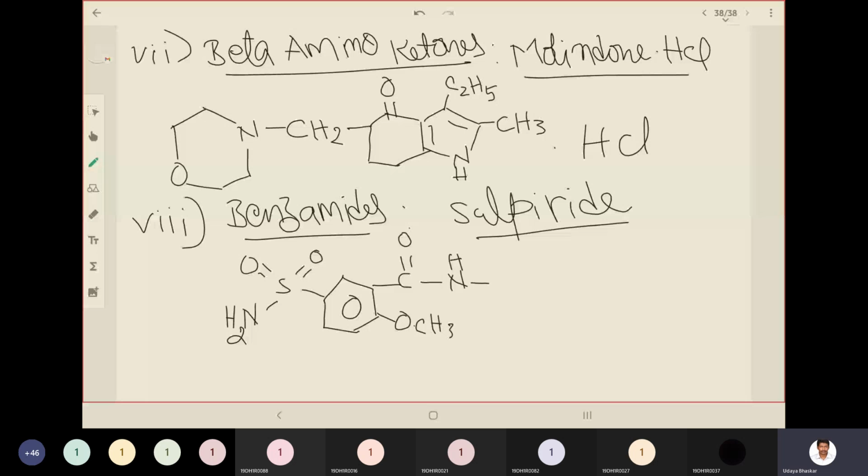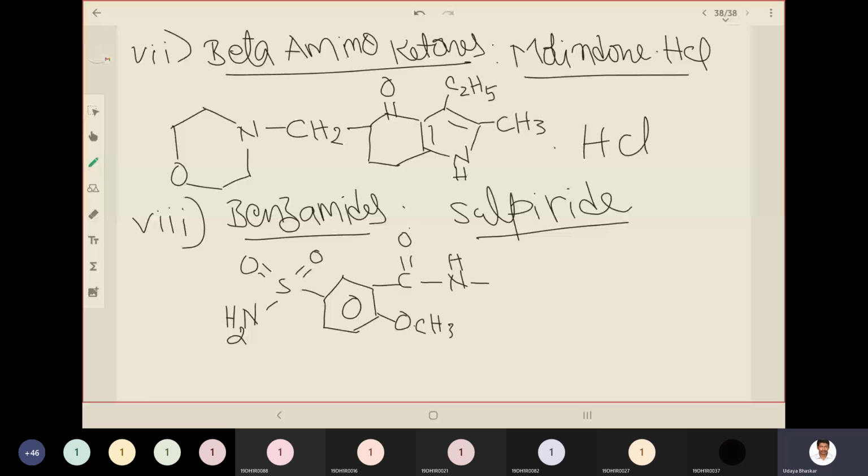How come it is a benzamide? This is benzene, right? This is amide. Benz, amide, and you have to remember the further extensions: tetrahydropyrrole with an ethyl substitution, a methoxy group here, and a sulfonylamine, sulfur dioxide extended with an amino group.